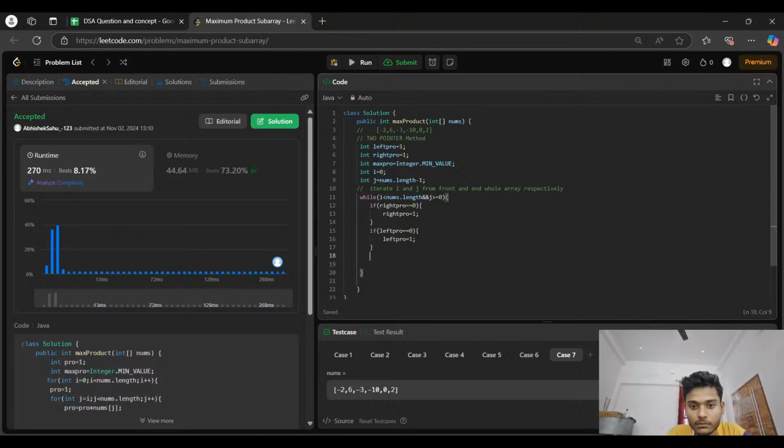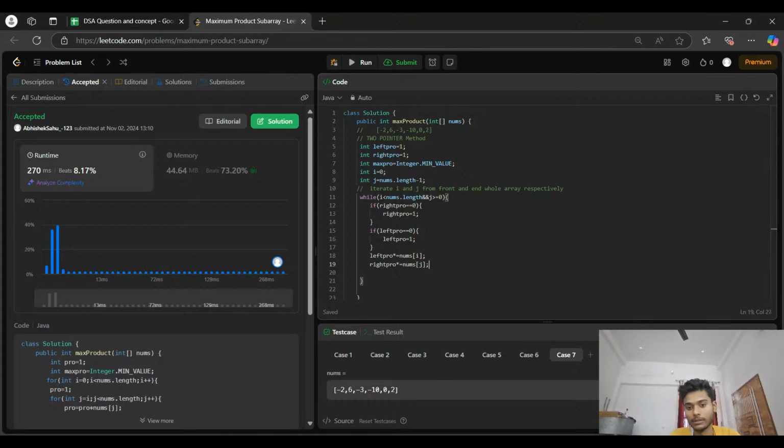Left pro, right pro. In the array, nums[I] is equal to nums[J], right?